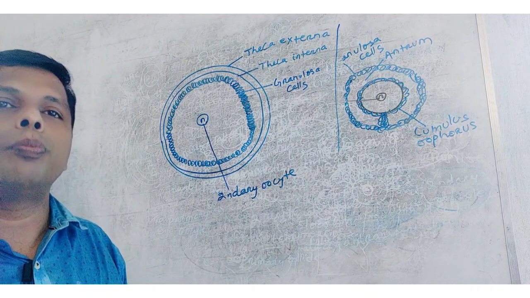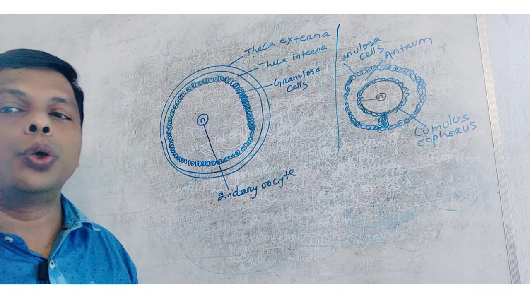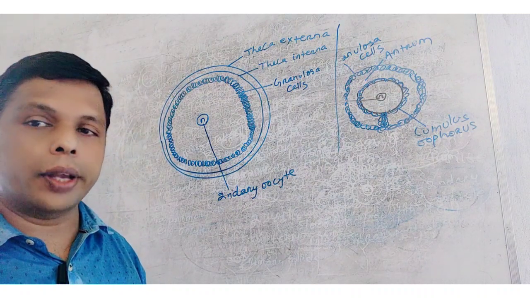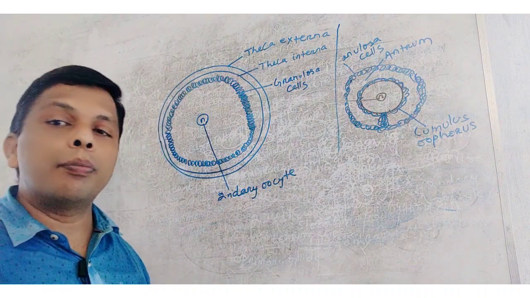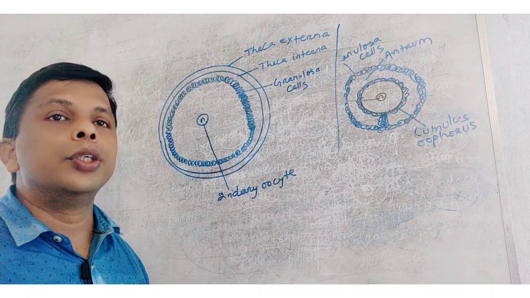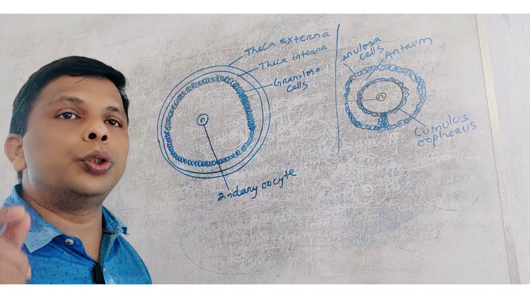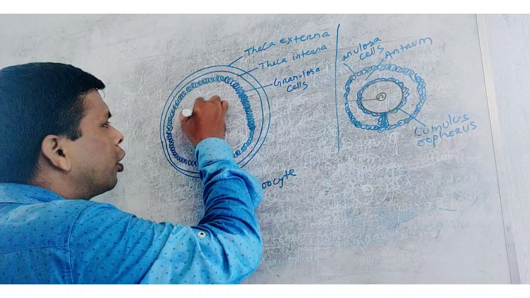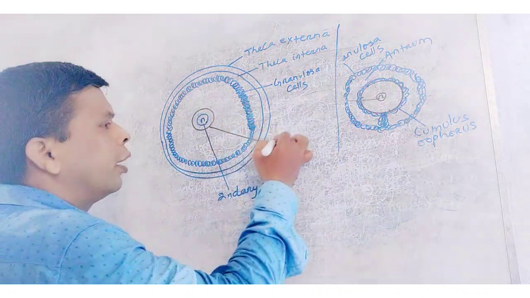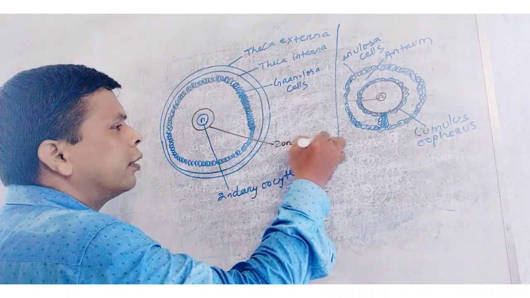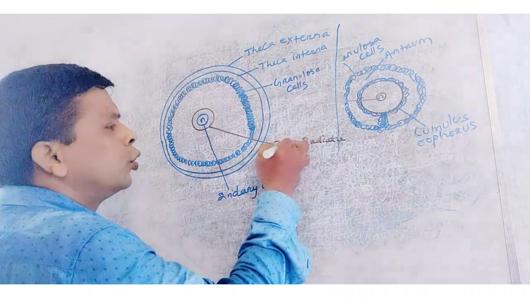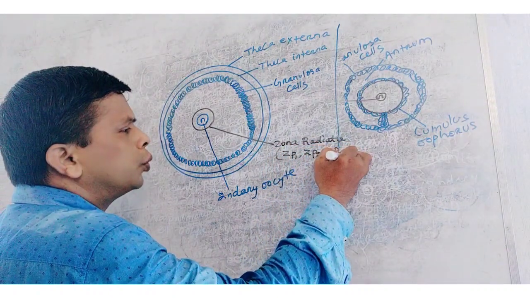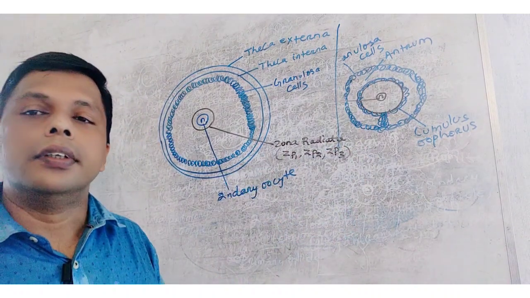The secondary oocyte is surrounded by the zona radiata, or zona pellucida. We can take it as zona pellucida 1, 2 and 3. So the secondary oocyte is immediately covered by the zona radiata. Clear?